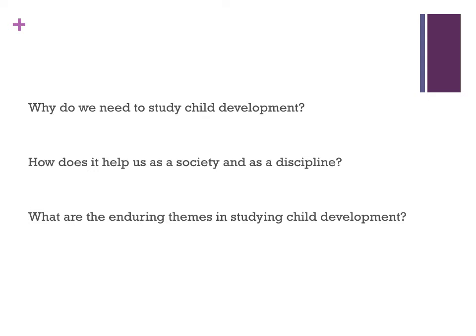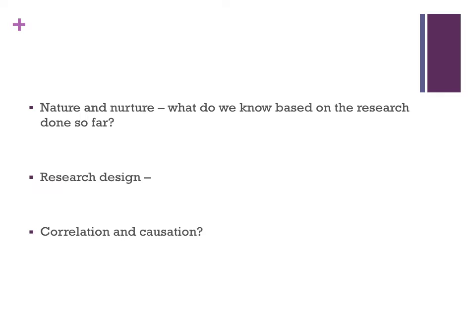And that leads us to that third question that I've listed here. What are some themes? As we study child development, what are the themes that keep on recurring, right? So list those and see if you can explain them in your own words as well. As we talked about the enduring themes in child development, the things that keep popping up time and again, one of the things that pops up is called nature and nurture.